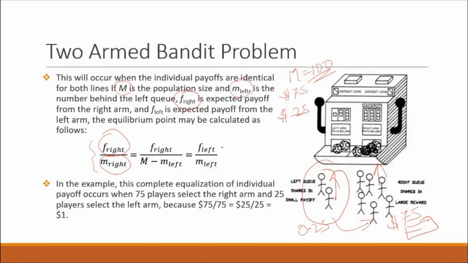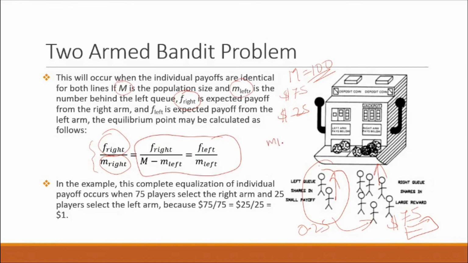That is the condition. So in our case, we put M as 100, F right is 75, and F left is 25. We will get this to be the same when M left is 25.